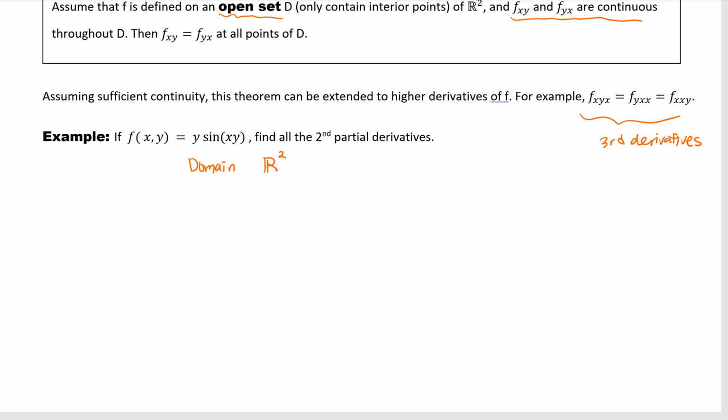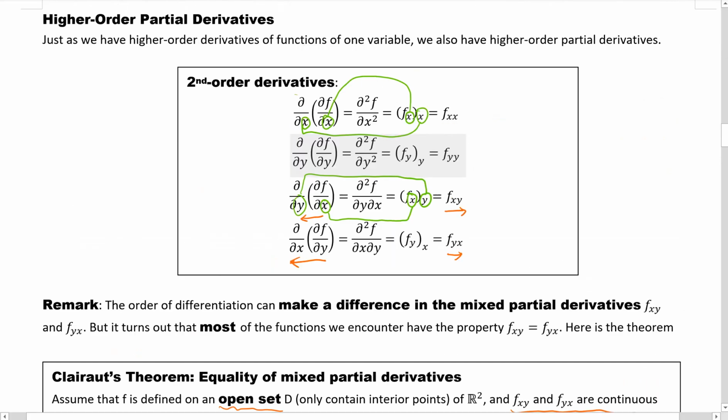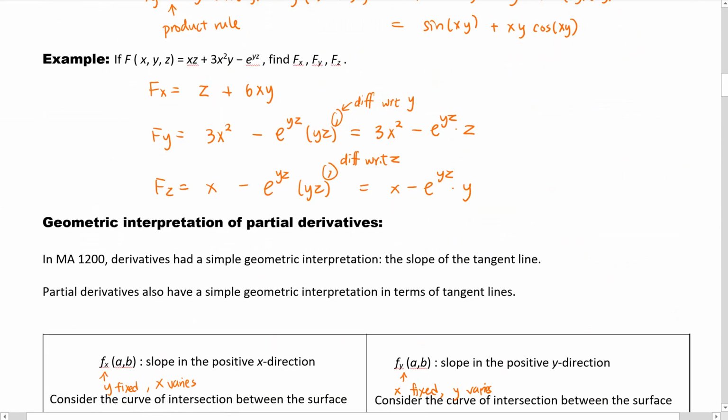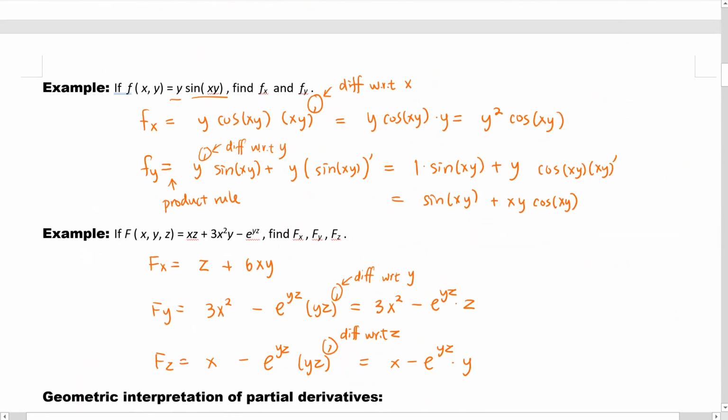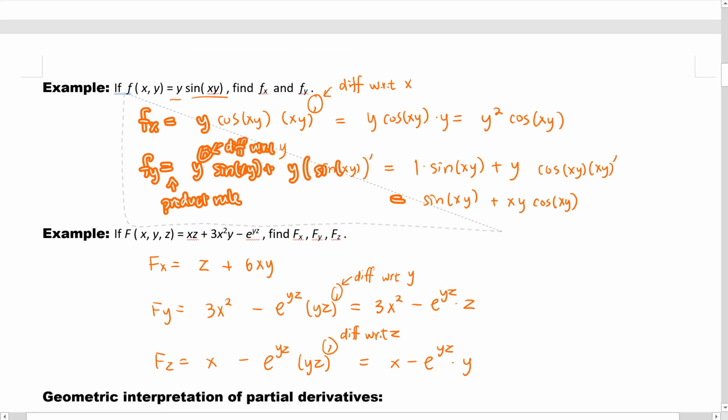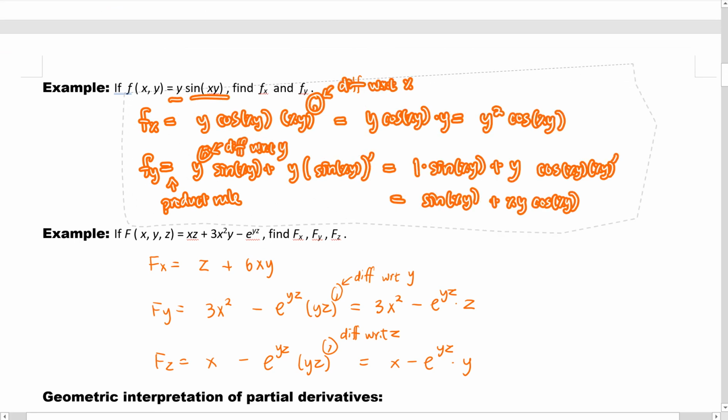So let's check that. f_x equals, so we take the derivative with respect to x. We have done this before, right? In the previous example. So, if you don't mind, I'm going to copy all of these here.